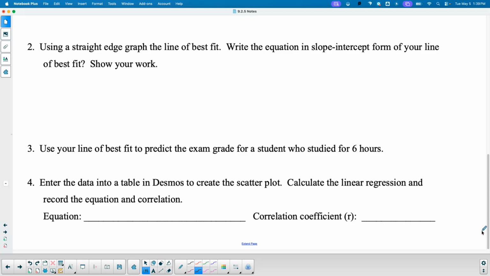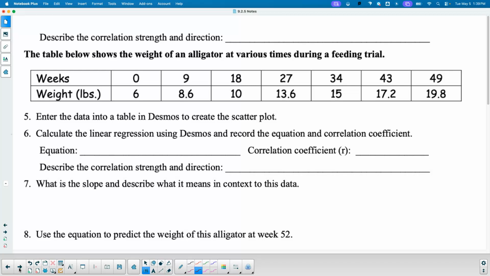Okay? Now, there was a typo on this one. On the next page, describe the correlation and strength on the next page, goes with that last problem. Okay? So if you want to cross it out on the top of the next page and put it on the bottom of the first page, totally fine. If you want to leave it up there, again, totally fine. Okay?